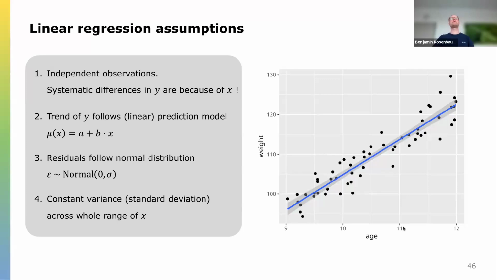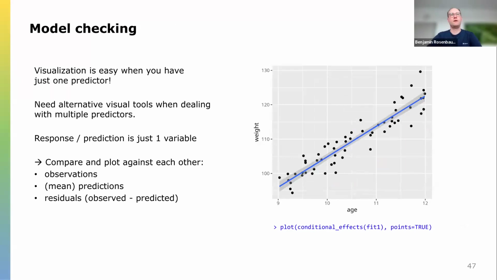And we can use model predictions to check these assumptions. First of all, the conditional effects plot. This is super informative. If you have more than one predictor, you can still plot these, but you know that the fitted line here will not always explain everything in the data well, because you can only plot against one predictor.